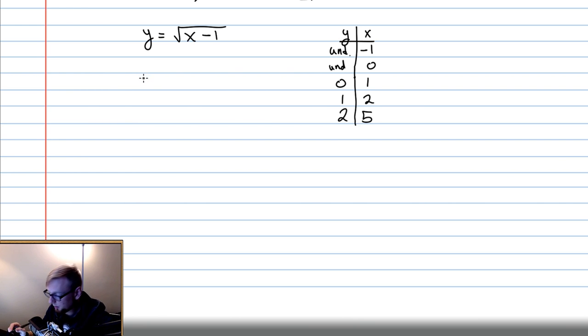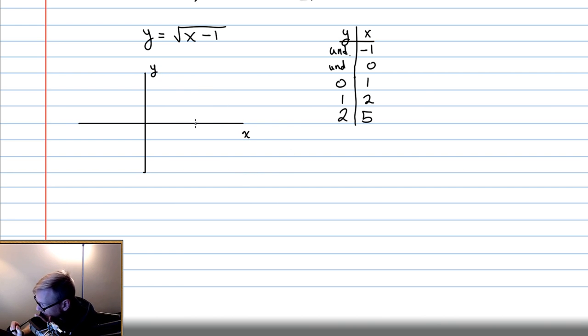So now they want us to quickly graph. Here's our y, here's our x. When x is 1, y is 0. When x is 2, y is 1, we'll say it's about there.